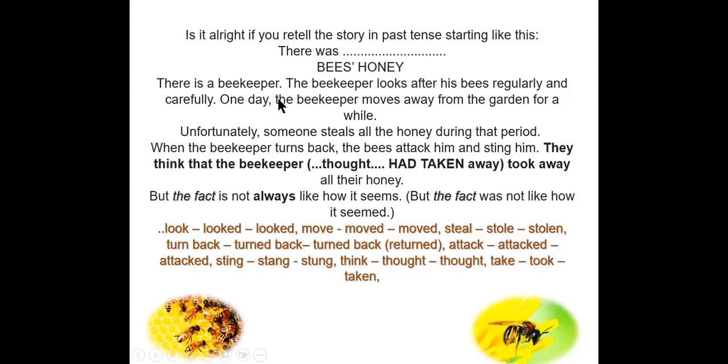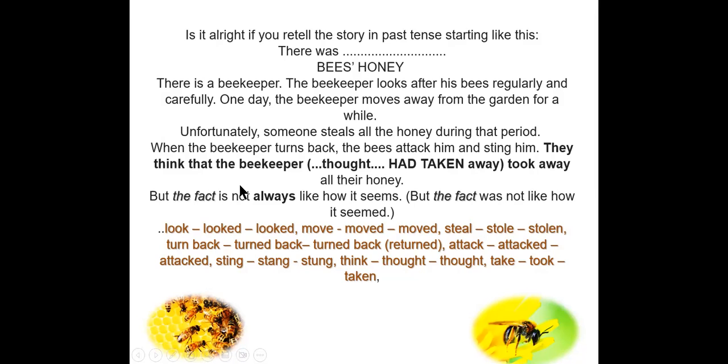There is a beekeeper. The beekeeper looks after his bees regularly and carefully. One day, the beekeeper moves away from the garden for a while. Unfortunately, someone steals all the honey during that period. When the beekeeper turns back, the bees attack him and sting him.